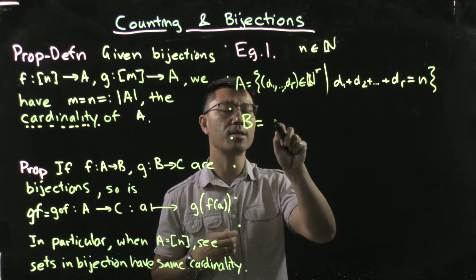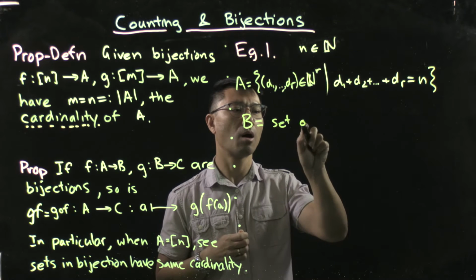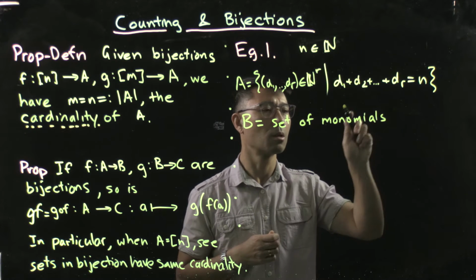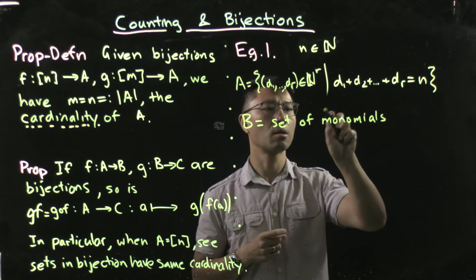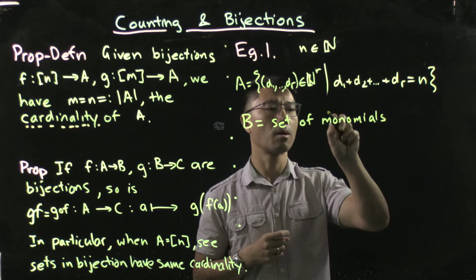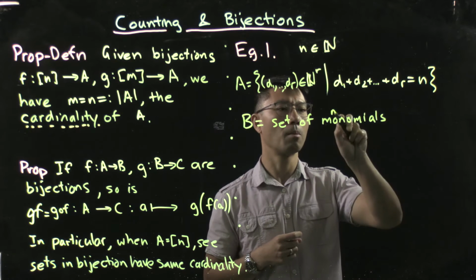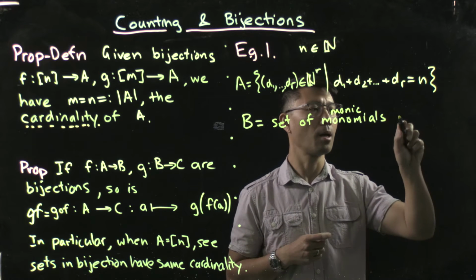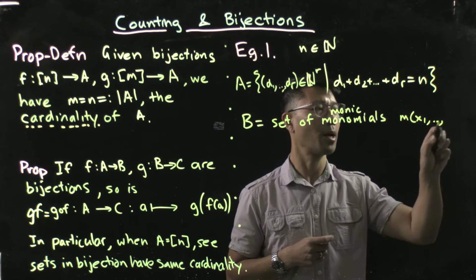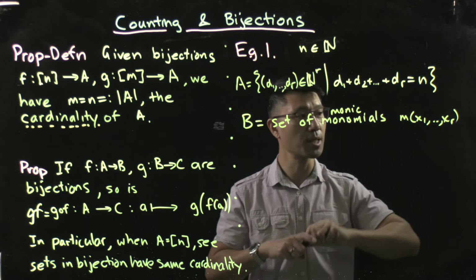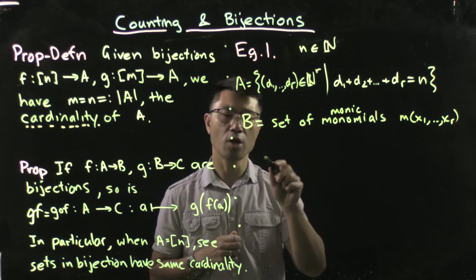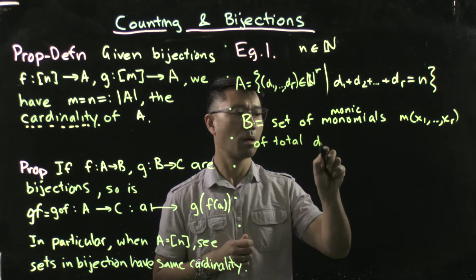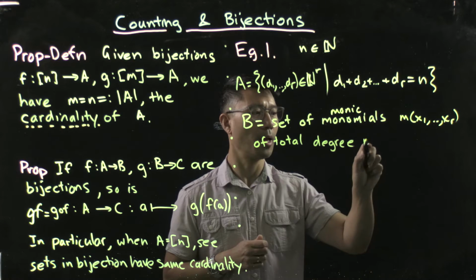We're going to look here at the set of monic monomials m of x1 up to xr, so they're going to be r variables here, of total degree n.